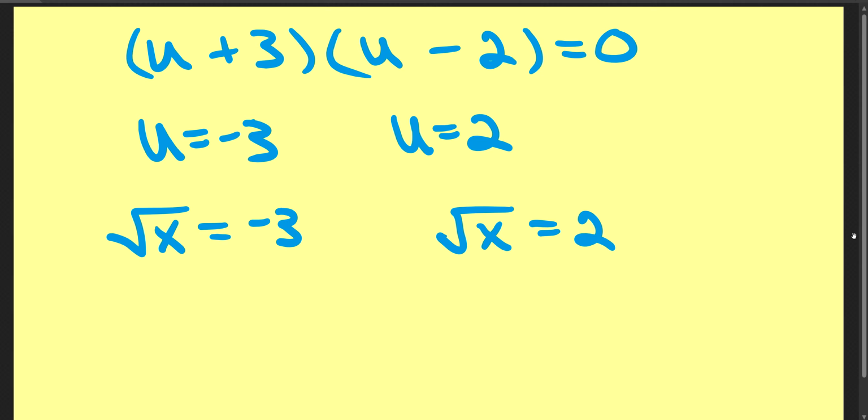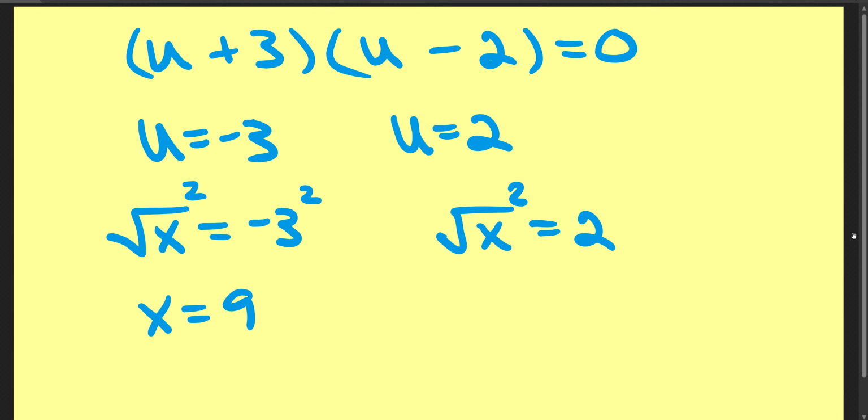All right, let's solve for x now. So in this case here, I have to square both sides. I'm going to square both sides. And when I square both sides, that means I have to check my answer for what's called extraneous solutions. So this is going to end up being x equals 9.